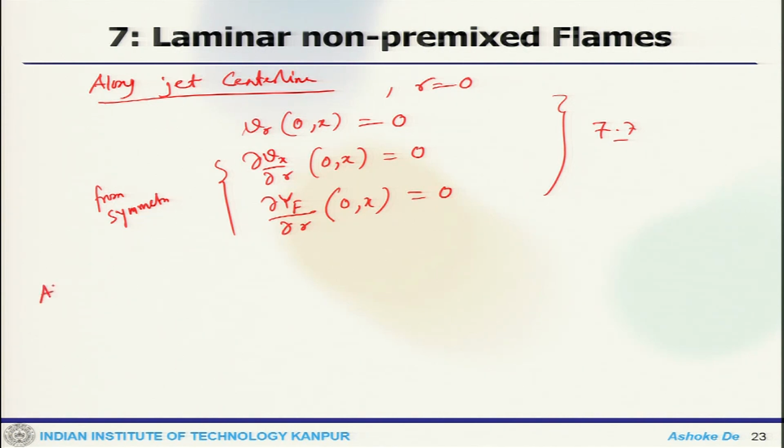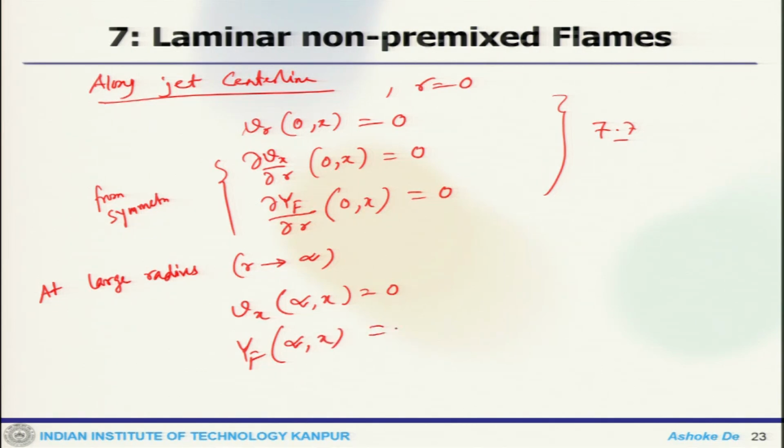Now, at large radius, that means r tends to infinity, Vx will be 0, Yf will also be 0.